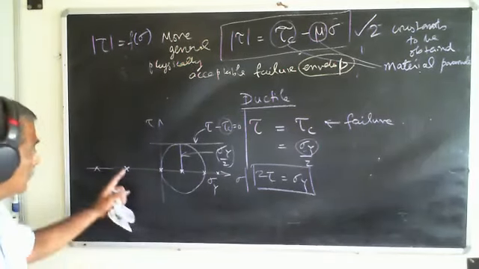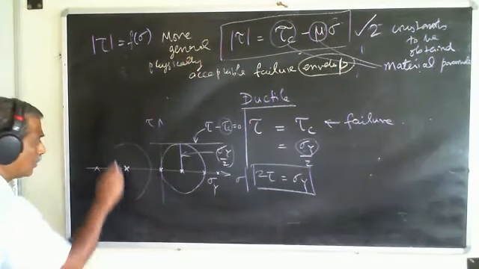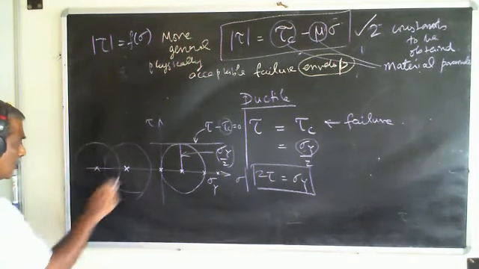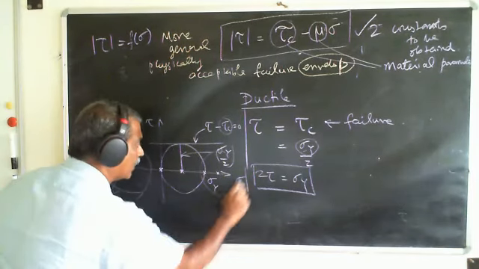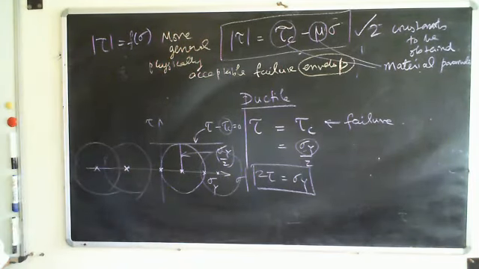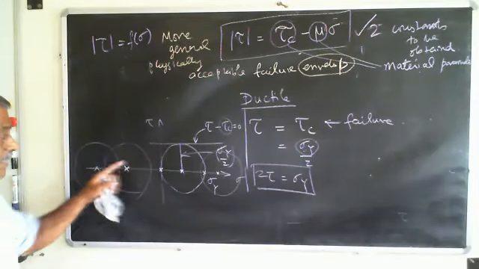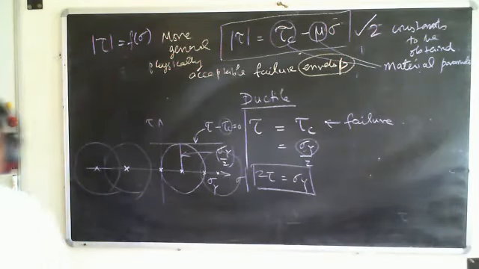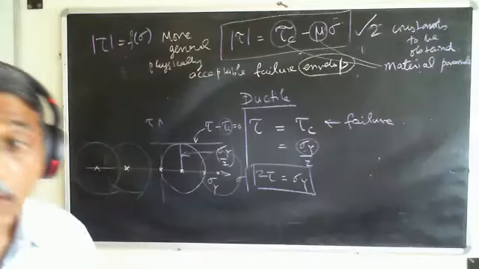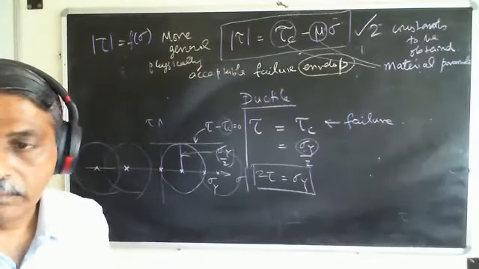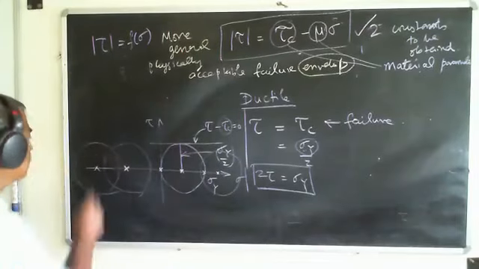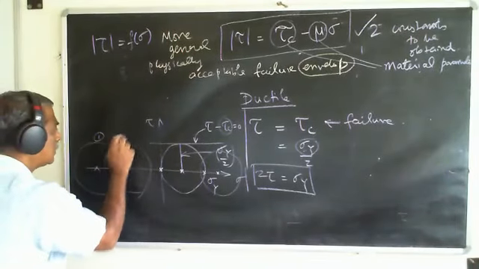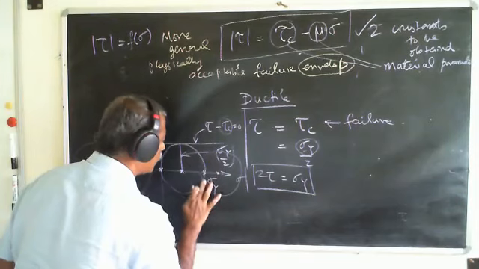Remember, this is a different stress state. We put a circle over here. This is a different stress state. This is a different stress state. And let's say the radius of the Mohr circle remains the same. What do I conclude for those stress states? So this is stress state 1, this is stress state 2. Let's say I'm going to make it more clear.